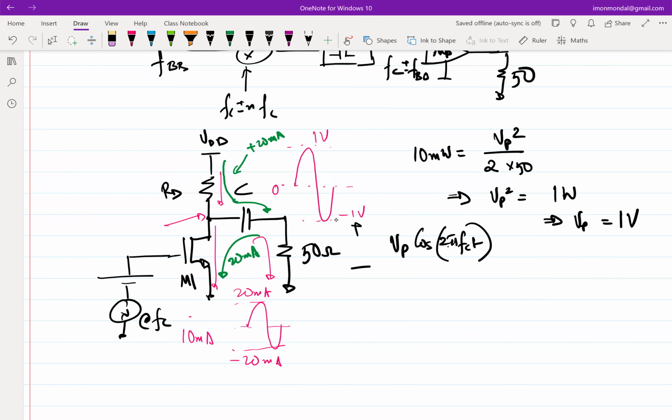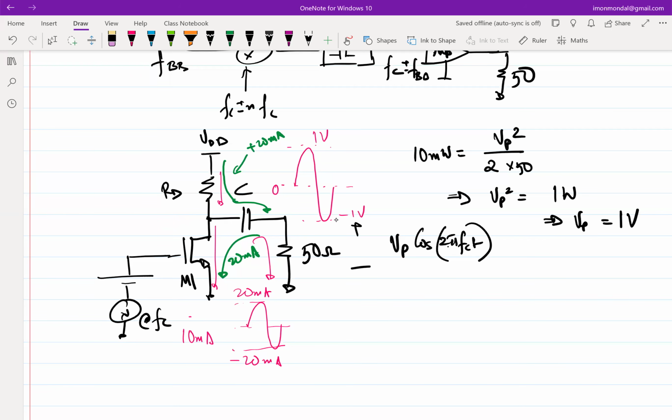Let's say I am looking for the case where 20 milliamp has to flow into the 50 ohm resistor. I have biased it with 10 milliamps right now. So 10 milliamps flows through the bottom and 10 milliamp is coming from the top. I want 20 milliamp to flow into 50 ohm. What should the transistor do? It should pump current upwards, not incremental current, but an absolute 10 milliamp pumped upwards.